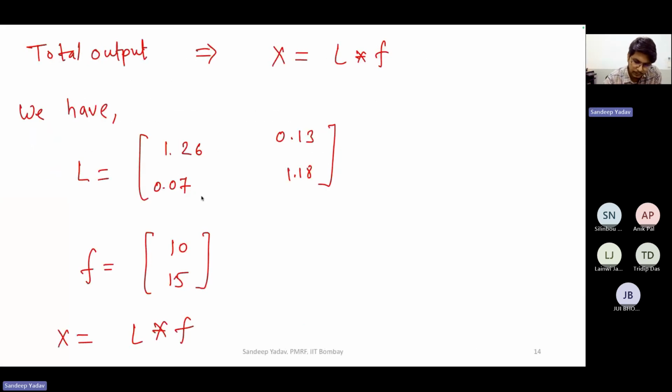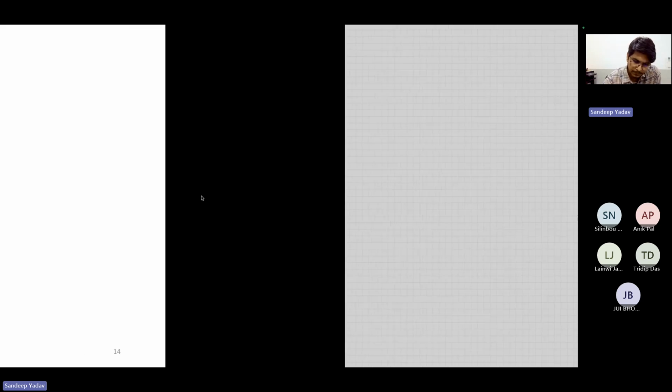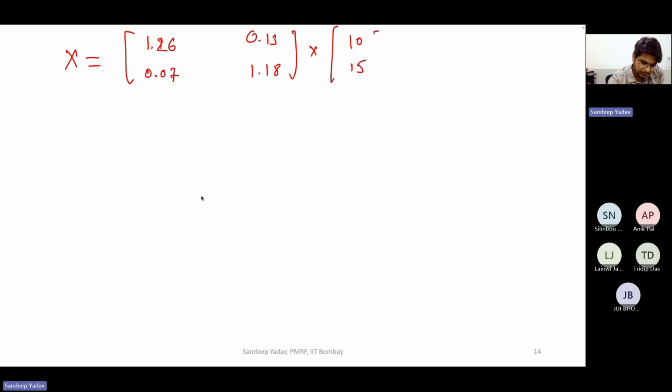So when we calculate L into F, X would be equal to 1.26, 0.13, 0.07, 1.18 multiplied by 10 and 15.